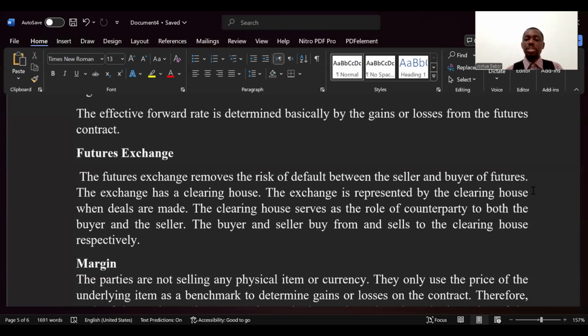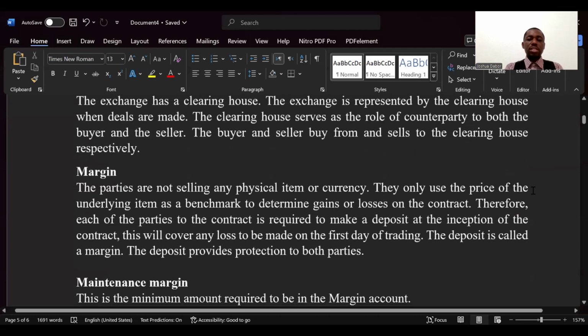So the exchange is represented by the clearing house when deals are made. The clearing house plays the role of the counterparty to both the buyer and the seller. The buyer and the seller buy from the exchange, which is the clearing house. So they tend to reduce this risk between the buyer and the seller. So how is this achieved? The margin.